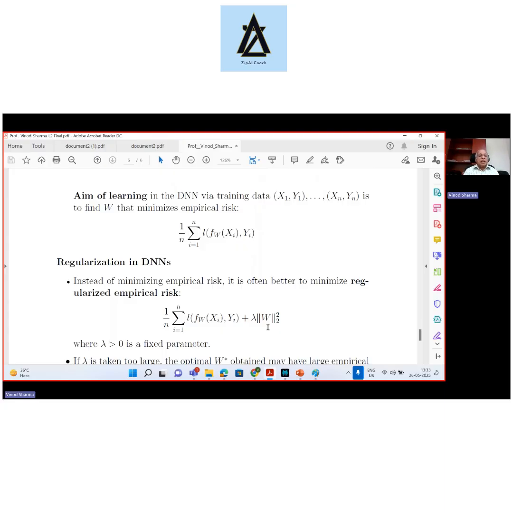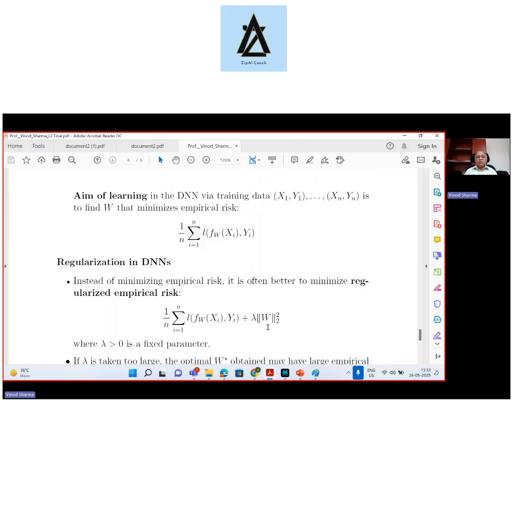This is called the regularized empirical risk. So instead of minimizing the empirical risk, one could possibly find W which will minimize the regularized empirical risk.